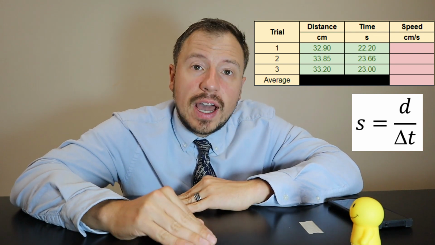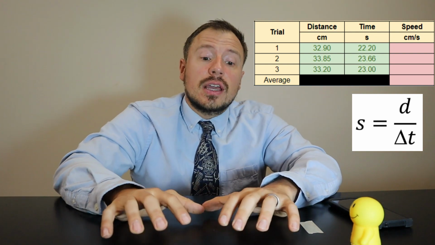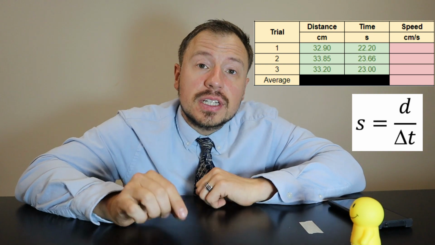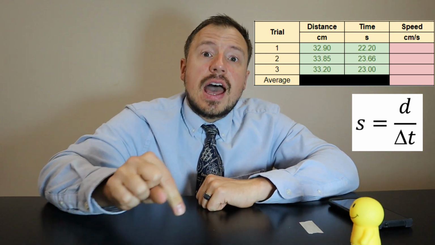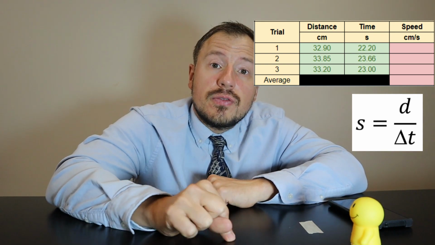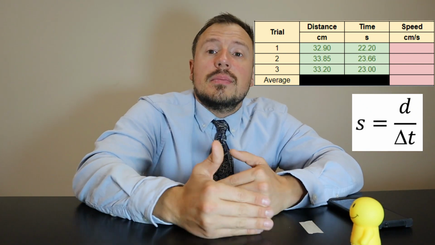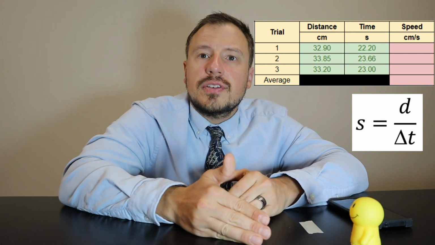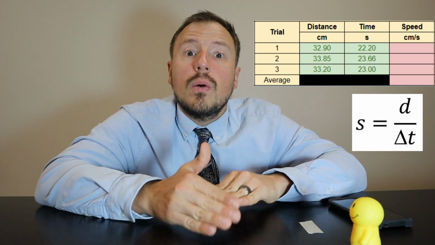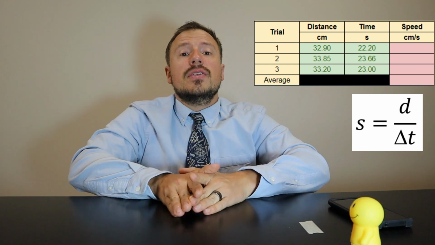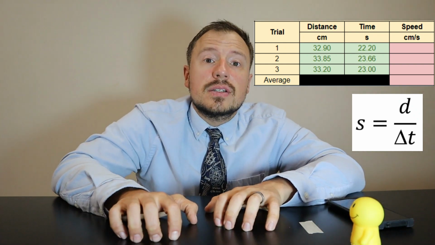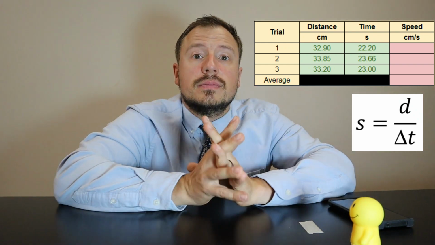Because I'm dividing, my answer can only have the number of significant figures of whichever number I was dividing has the least amount of significant figures. So if one of those numbers only has 3 significant figures and the other has 4, my answer has to have 3 significant figures. That is my measurement with the least amount of resolution. So once again, this is a wind-up toy.